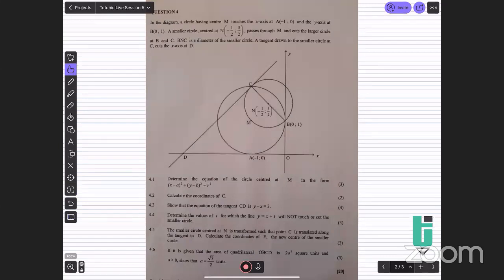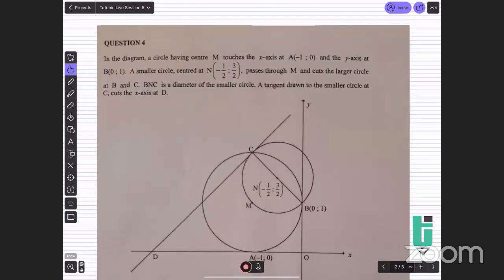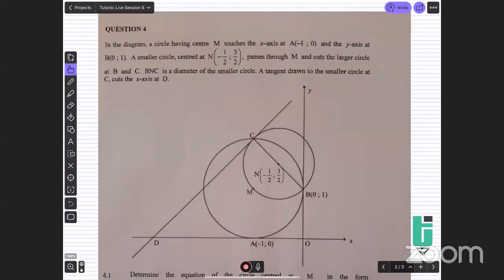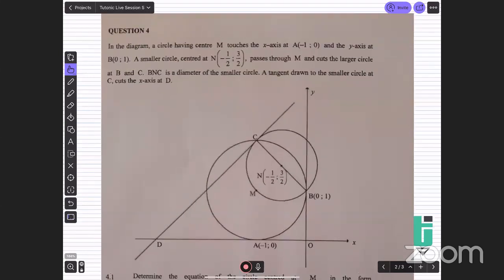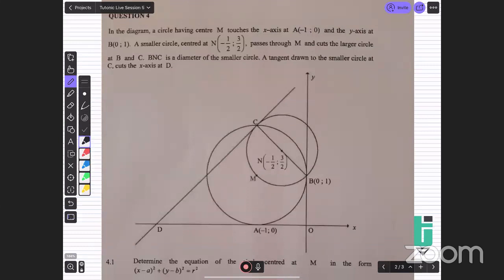Okay. So in the diagram, a circle having center M touches the x-axis at A(-1, 0). That's over here, right? Do you guys see that? It touches the x-axis here.